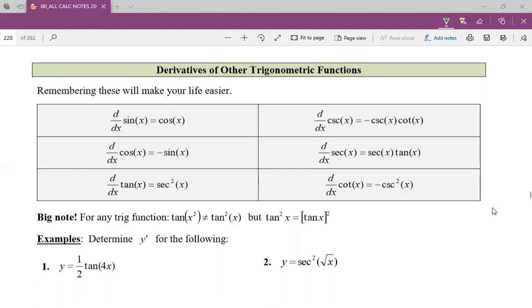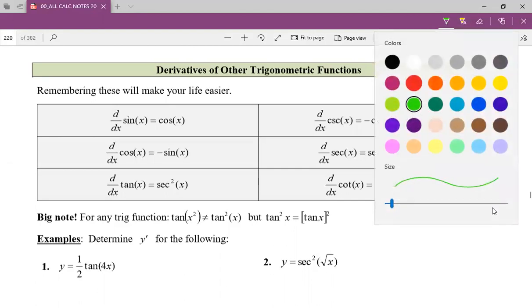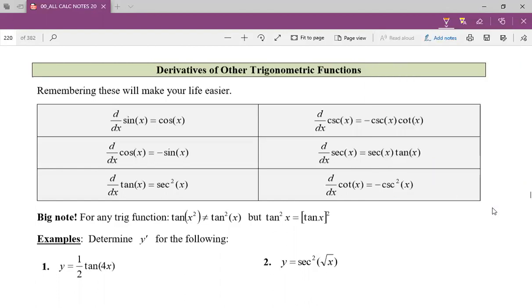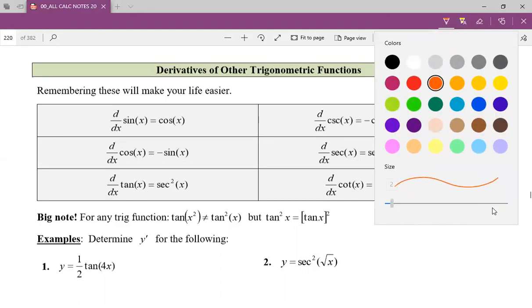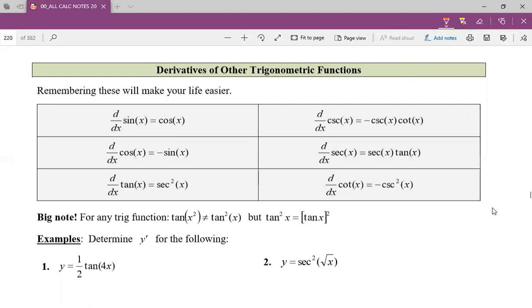What we should start with is to notice, just in notation, that tan of x squared does not mean tan squared x. The one on the right here is usually what we will end up using.